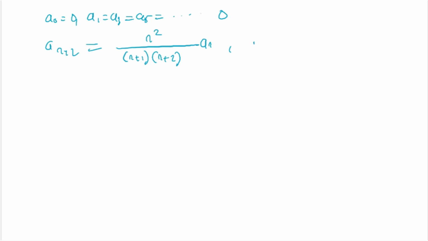In this case, n is bigger than or equal to 1, and we know that a sub 2 is equal to 1. So what about a sub 4? A sub 4 is what we get when we plug in n equals 2. That will be 2 squared all divided by 2 plus 1, that is 3, multiplied by 2 plus 2, that is 4, times a sub 2, that is 1.